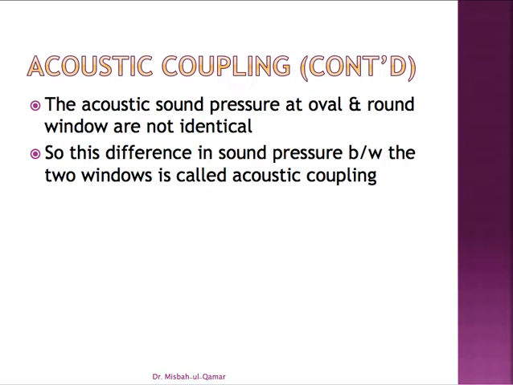And that is different from the auricular coupling. Both the auricular and the acoustic coupling contribute to the loudness of the sound received in the internal ear. So that was one of the functions of the middle ear.